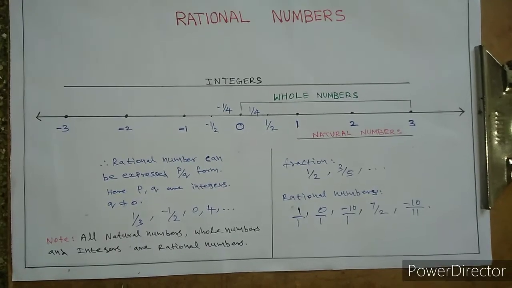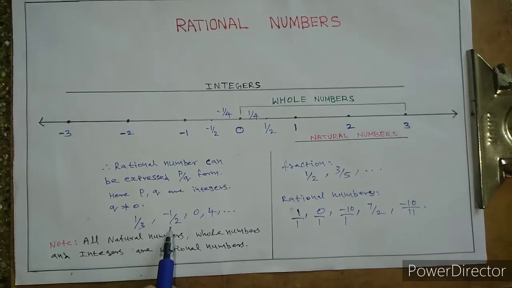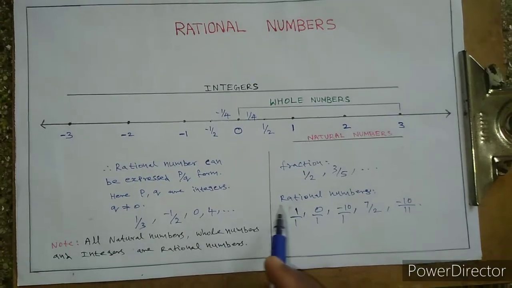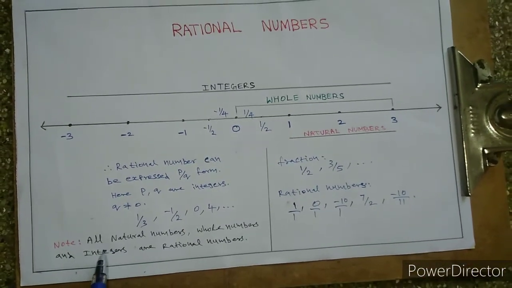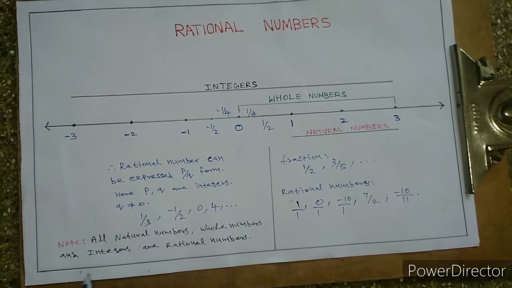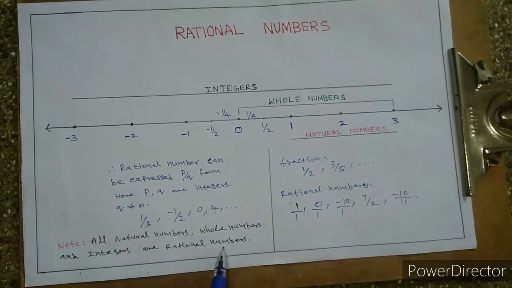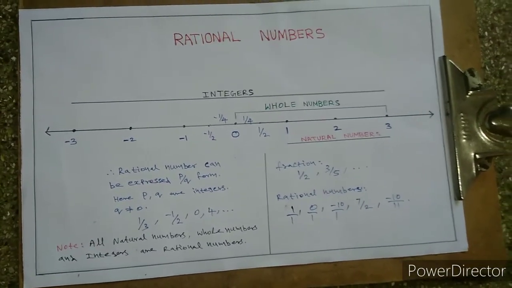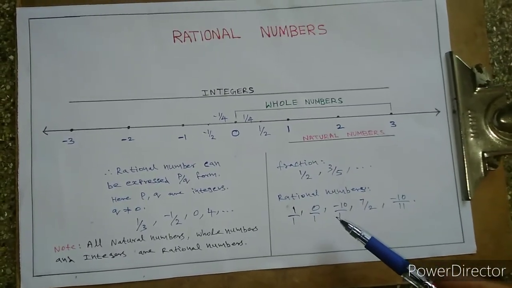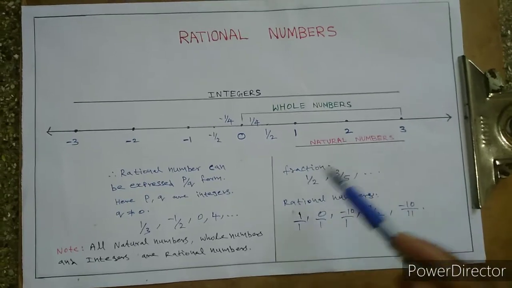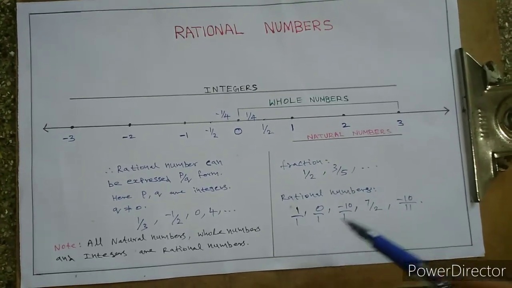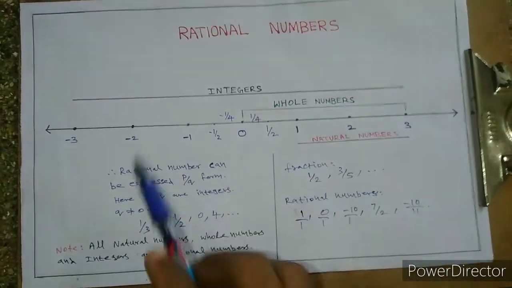For example, 1 by 3, minus 1 by 2, 0, 4 and so on. Note, all natural numbers, whole numbers and integers are rational numbers. Then what is the difference between fraction and rational numbers? In a fraction we use only whole numbers, but in rational numbers we are using integers.